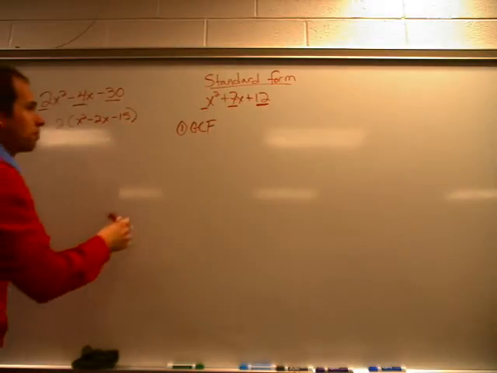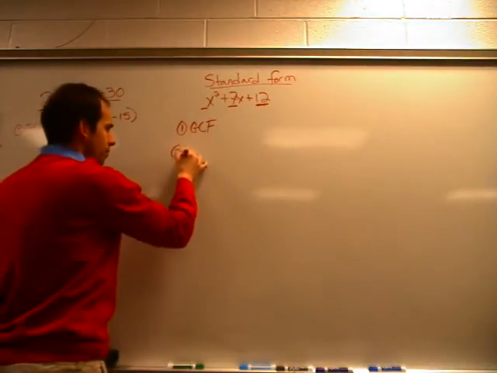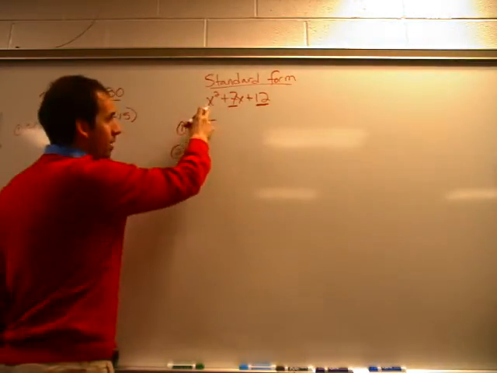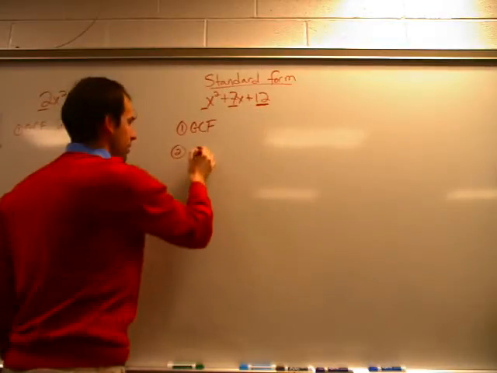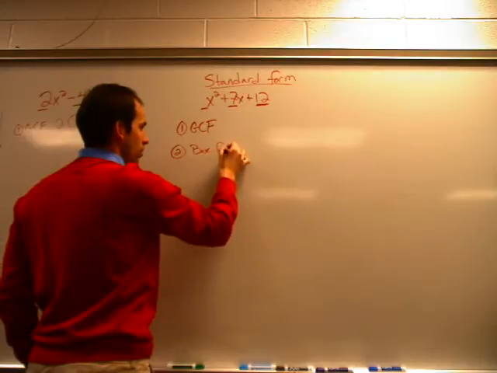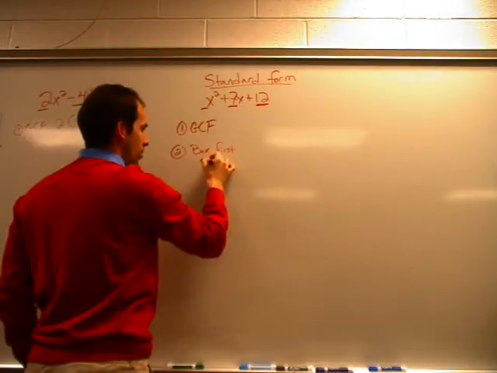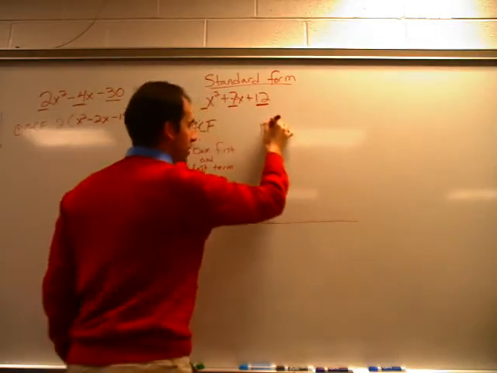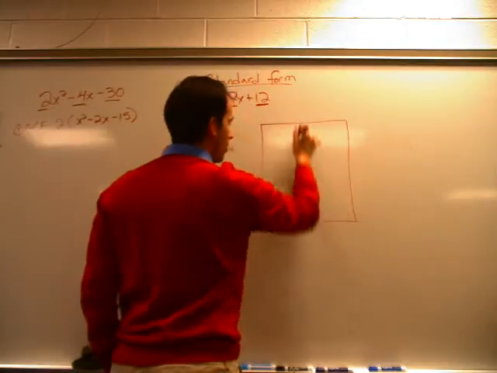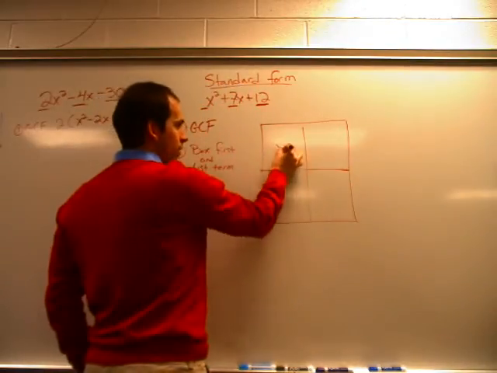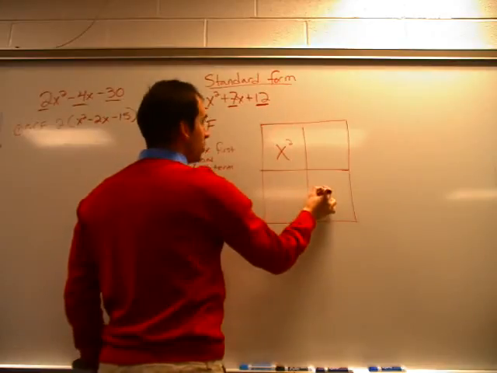So my next step is to create my box and put my first and last term in the box. Okay, so it looks kind of like this. Alright, so my first term here was x squared, and my second term here was positive 12.